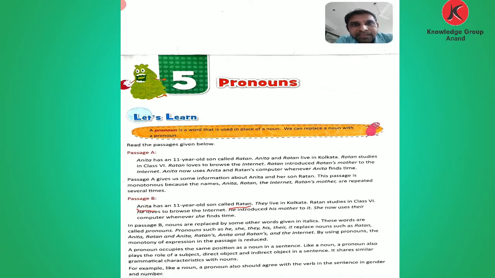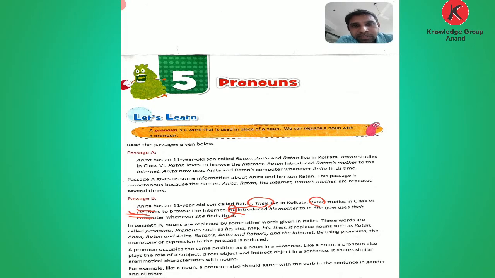In the second sentence, we talk about both together, so we use the pronoun. Which pronoun? They. They live in Kolkata. Ratan studies in class 6. Now we talk about Ratan in the second sentence, so we use a pronoun. He loves to browse the internet. In the second sentence, a pronoun is used.